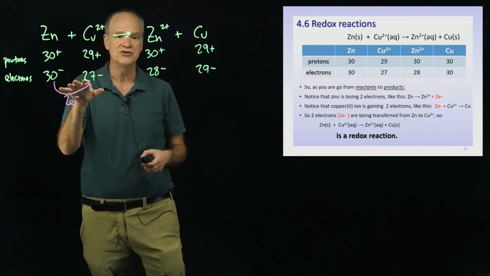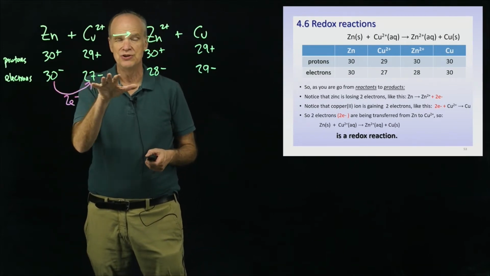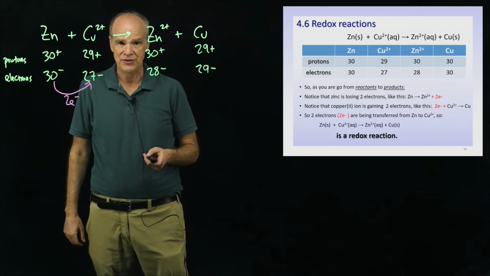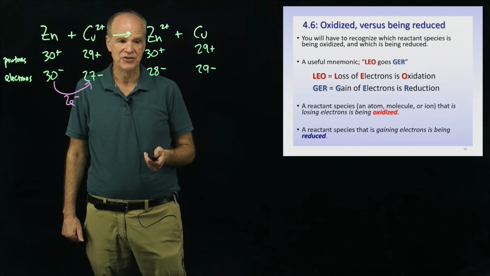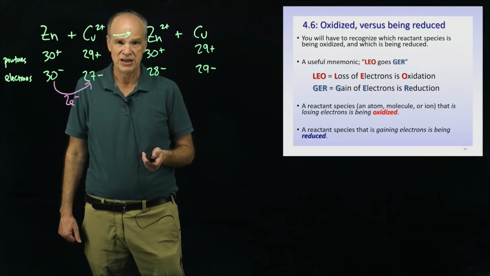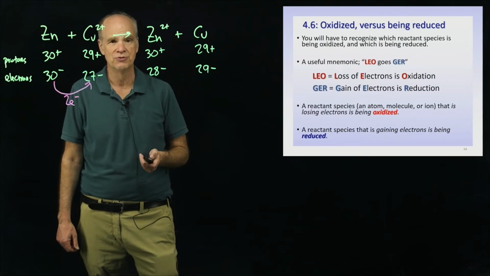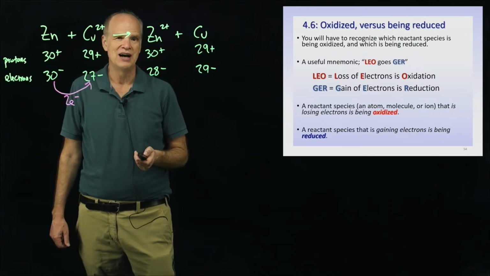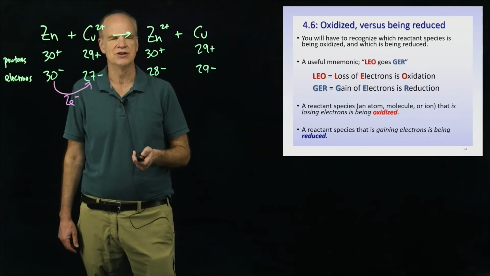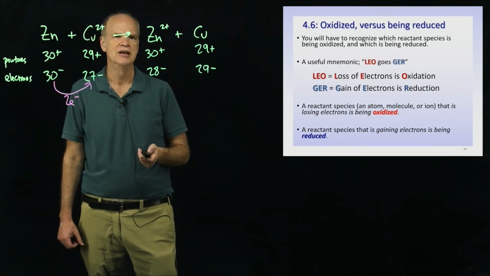So one of the things you're going to have to do whenever you see a redox reaction is identify the reactant that is being oxidized, and identify the reactant that is being reduced. And so there are some simple rules for that. The rule I like is LEO goes GER. LEO stands for loss of electrons, oxidation.